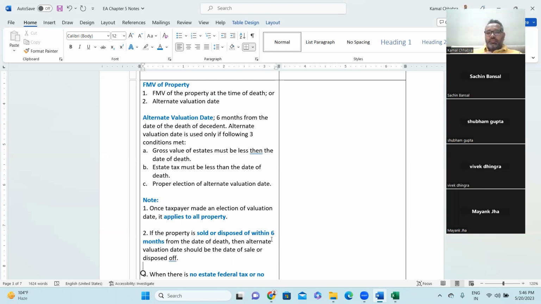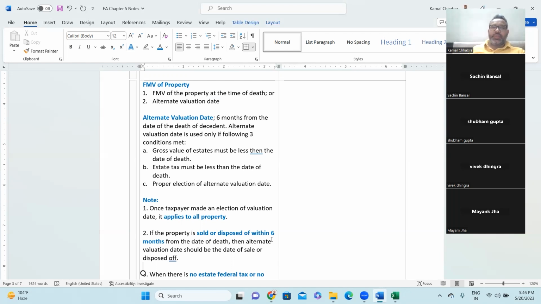This is the fair market value, basically, without any undue pressure. Yes, Mayank, you are saying something. Like the price an asset would sell for in the open market when certain conditions are met.